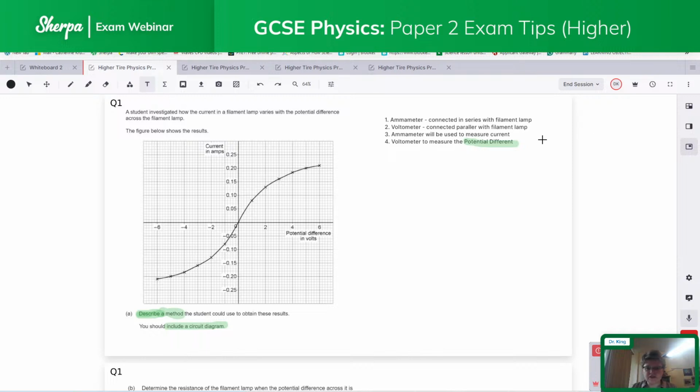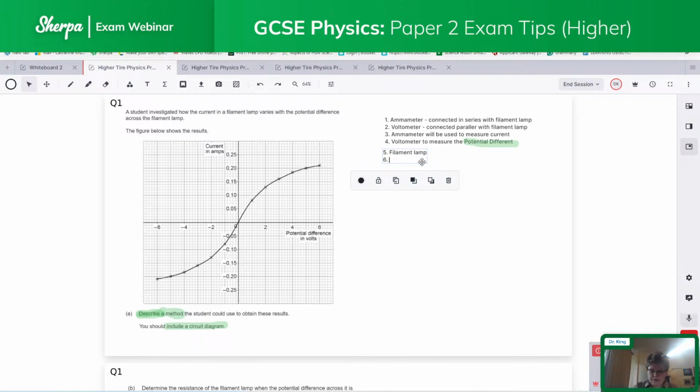What else? We will need a filament lamp. I will start from the beginning. Filament lamp, and how to change the current, what do I need to use?